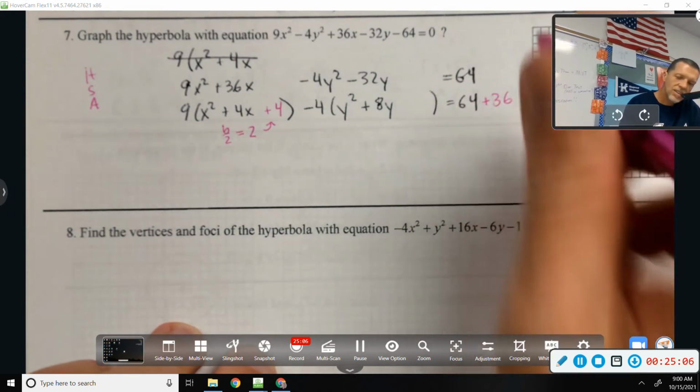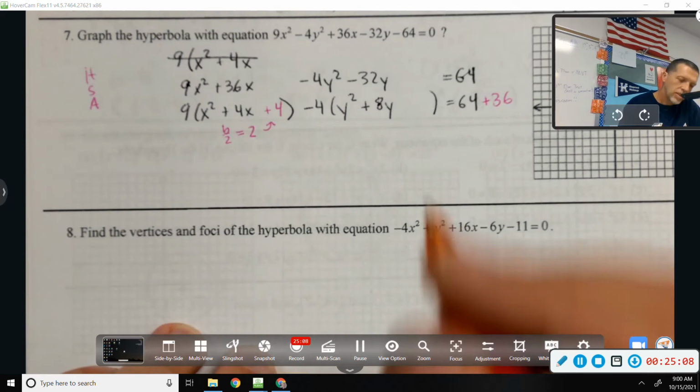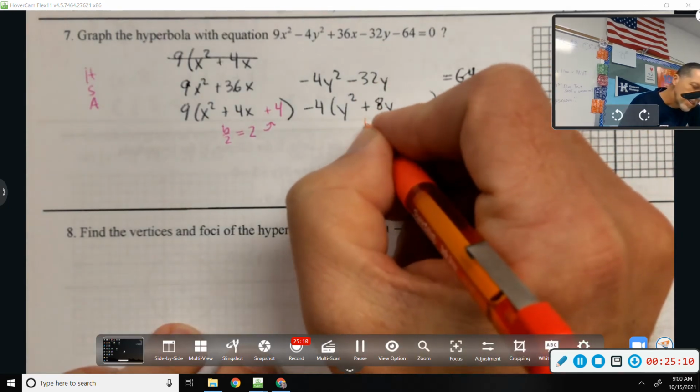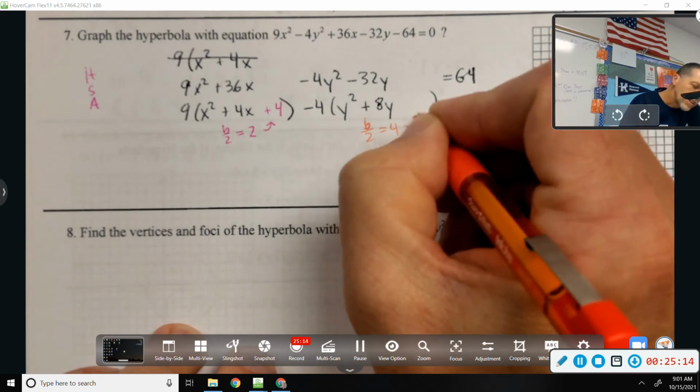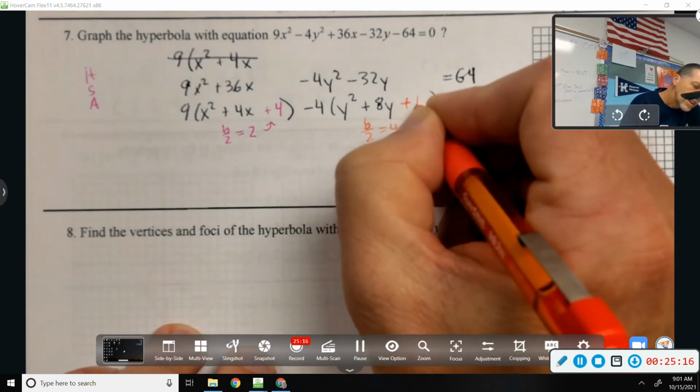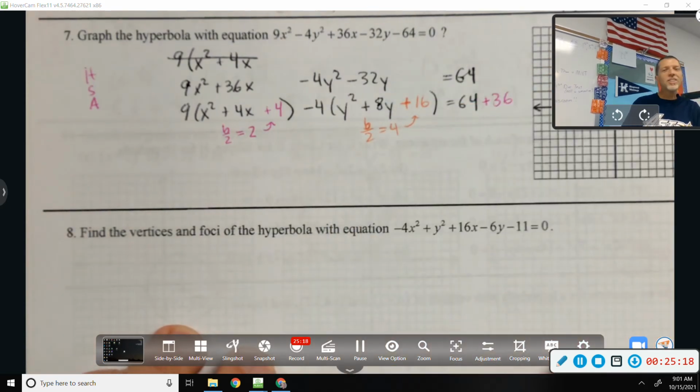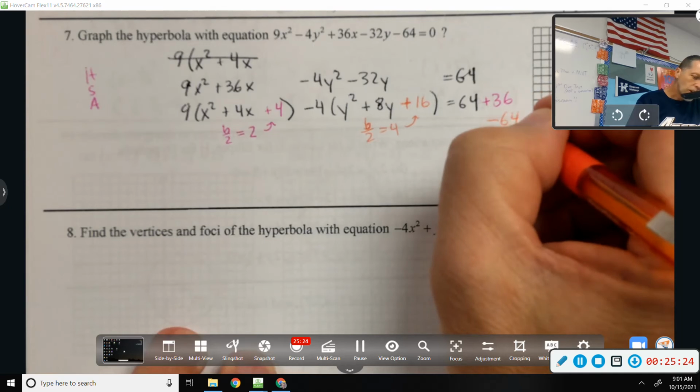36. Then on the second one, b over 2 is 4. Square it, we get 16. So I wrote plus 16, but what did I really do to the left-hand side? I subtracted 64 because of the minus sign.